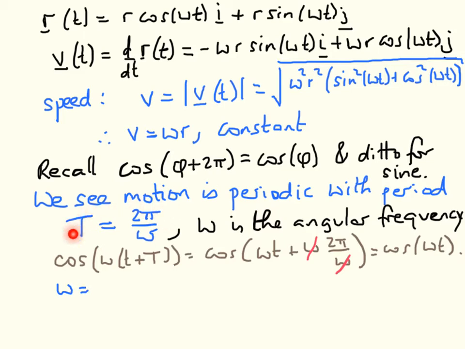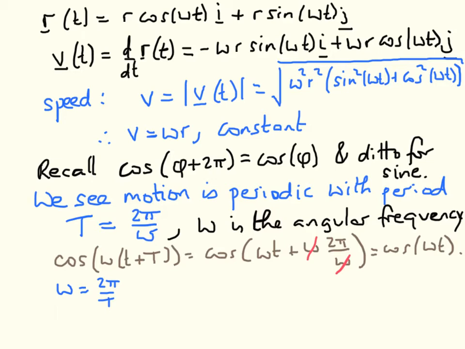And omega itself, from this equation here, if we multiply both sides by omega and divide both sides by t, omega is 2 pi over t. So if t, capital T, the period is 1 second, it takes 1 second to go around the circle, then omega is 2 pi, so it goes through 2 pi radians in 1 second. If t was, say, 2 seconds, then omega is 2 pi over 2.